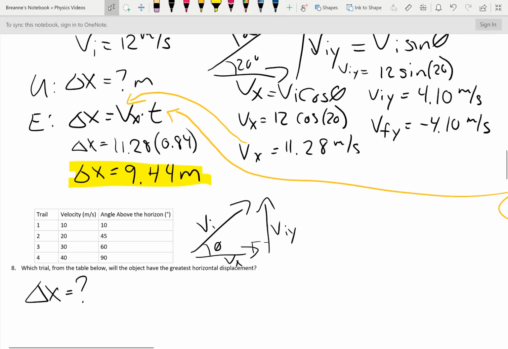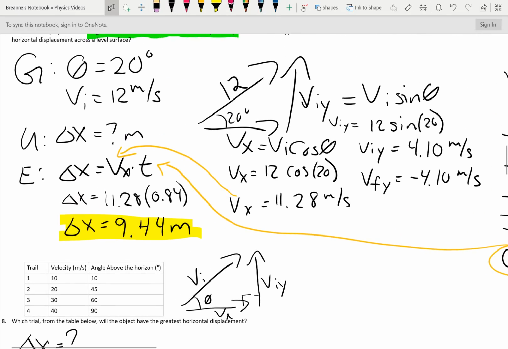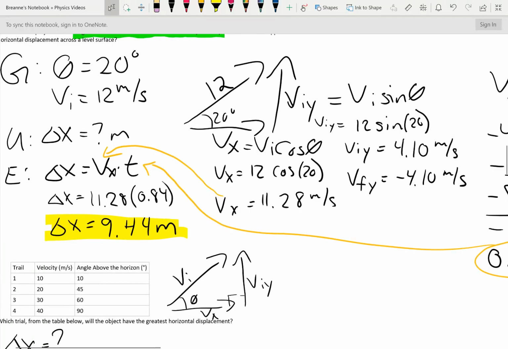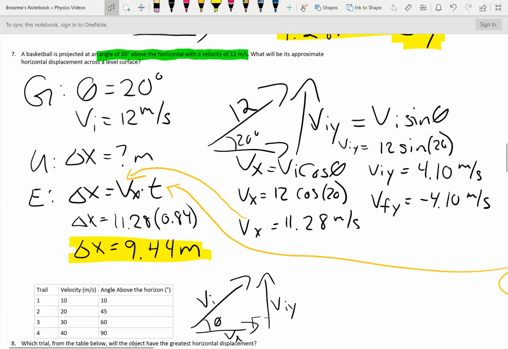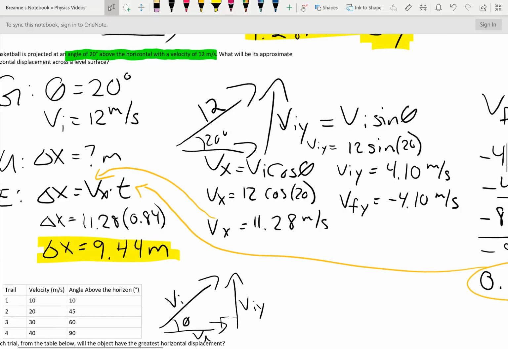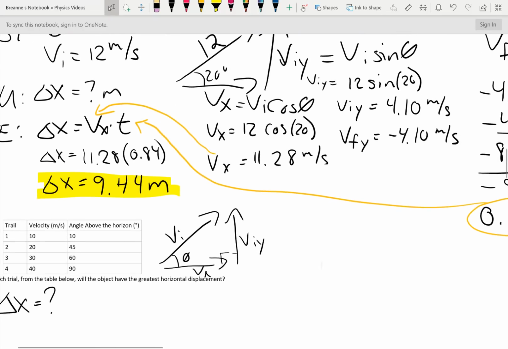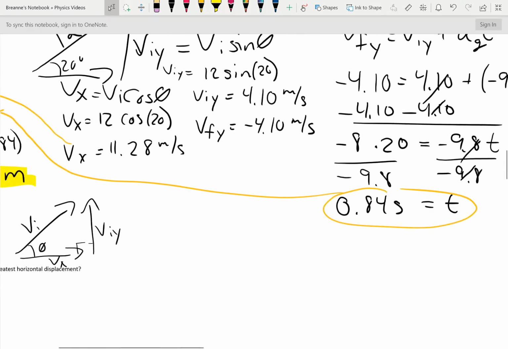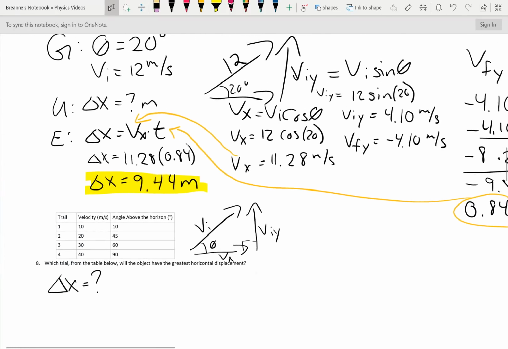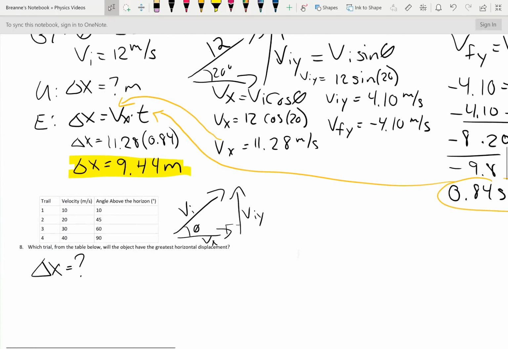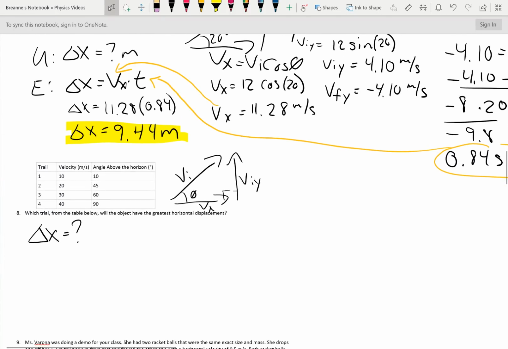So basically, for each one of these, you're going to do the setup we did before for number 7. You're going to find your initial and final velocities, and then potentially, if you can't see it from there, you can find time and then solve for your delta x. So I'm going to go through trial 1, and we're just going to find our velocity in the x and our initial velocity in the y.